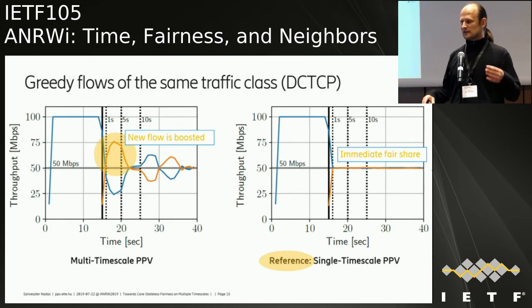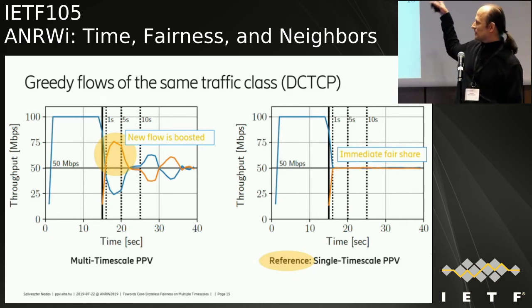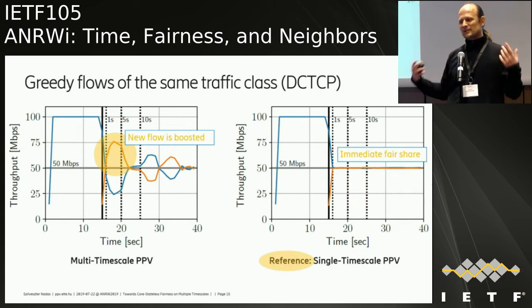In the reference, you can see that with the old framework, we knew it converges to the fair share pretty fast. We have a 1 second average throughput here, so it basically converges within 1 second. But what happens with the multi-timescale is that when a new flow arrives, it is boosted first, then there are some oscillations, and then they converge to the fair share.